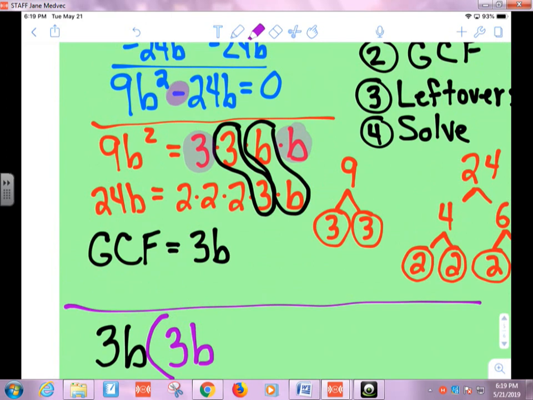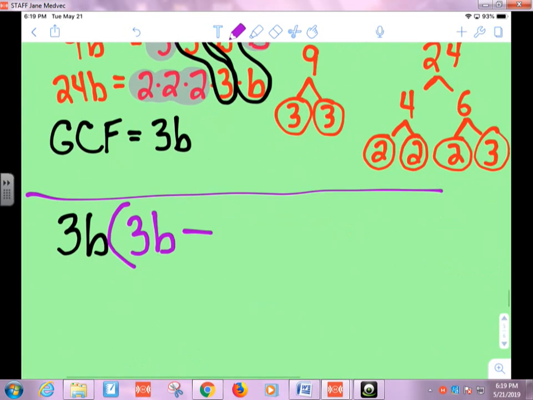I wanted to make negative 24. I didn't because I'm going to use that here. So I'm going to put my negative here. Then I need to go down and take a look at my leftovers. So I got a 2, a 2, and a 2. So 2 times 2 is 4 times 2 is 8. So there's my leftovers.